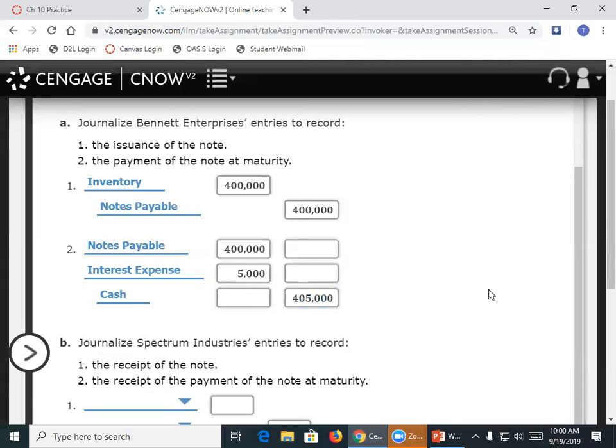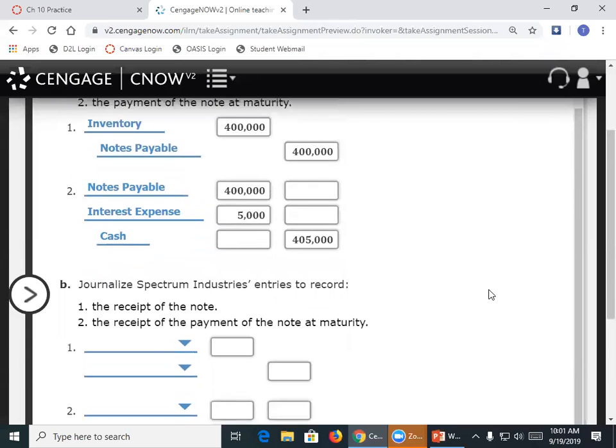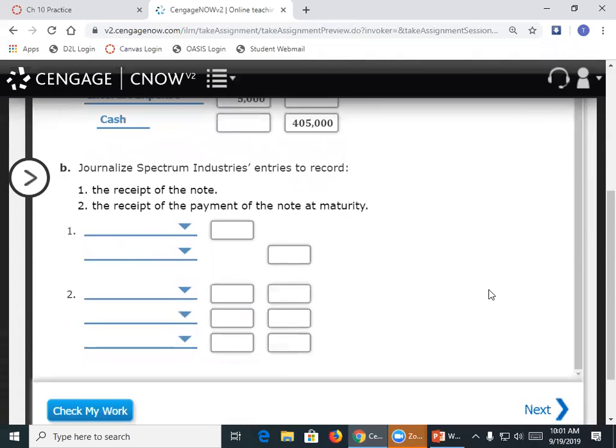Part B is kind of a review from Chapter 8. We want to journalize Spectrum Industries' entry to record the receipt of the note and the receipt of the payment. So this one's a little bit different. Now we're on the other end. We're the one the note was issued to. So the note is due to us.